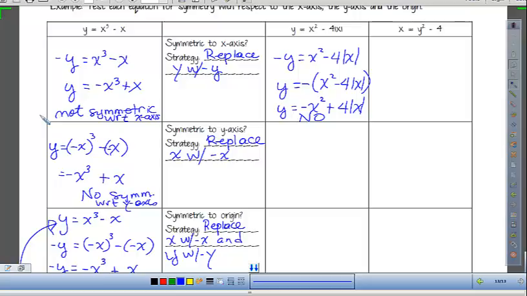So we get x equals negative y squared minus 4, or x equals y squared minus 4. So we say what? Yes. Okay, symmetric with respect to the x-axis. Questions about that one?